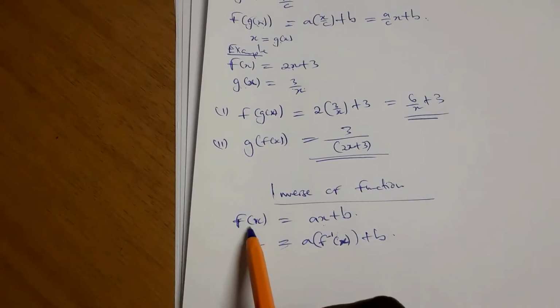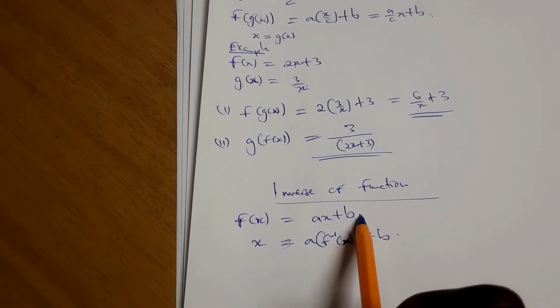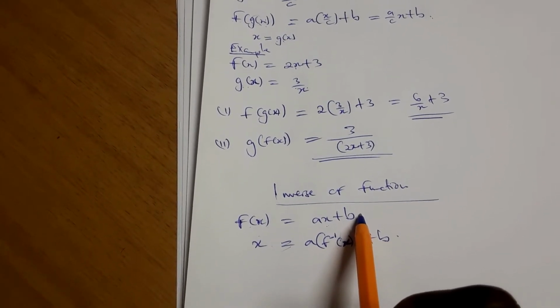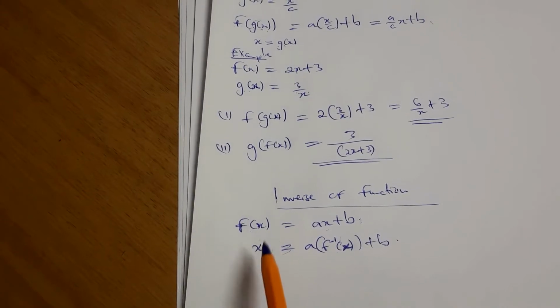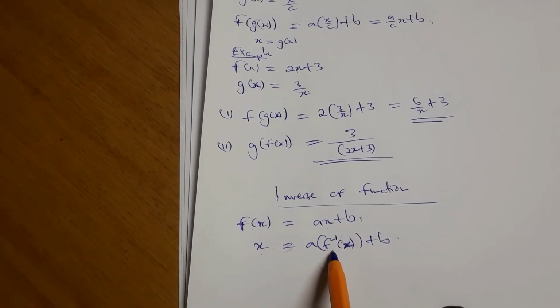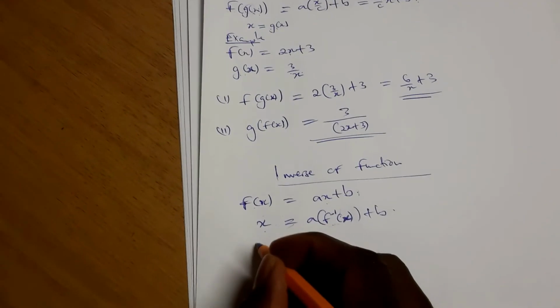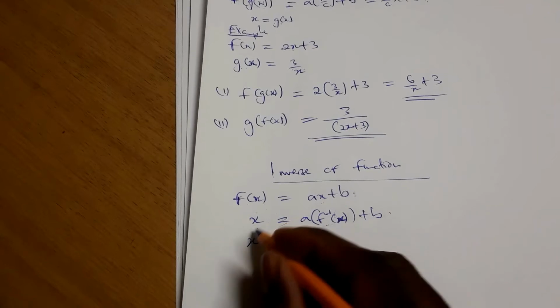If you are given f of x is equal to ax plus b, when you want to find the inverse, just put x where there's f of x, put the inverse where there's x, then make this the subject of the formula. So you say x, then you put this here.